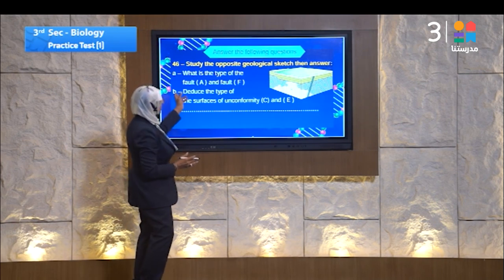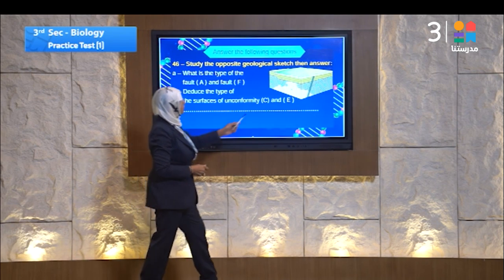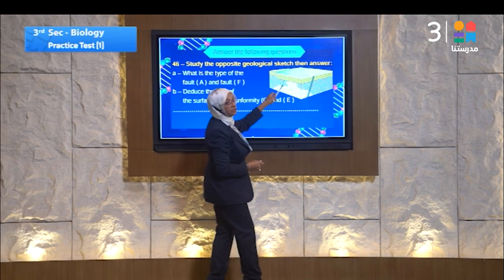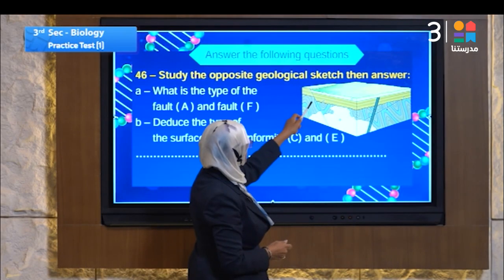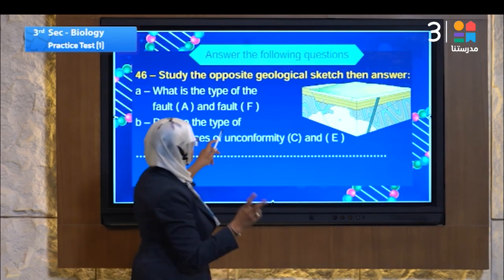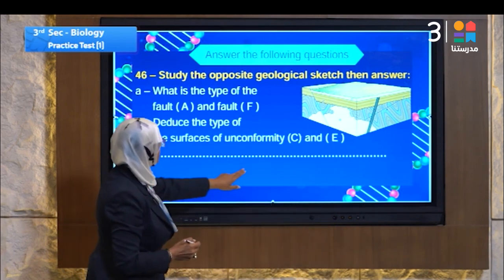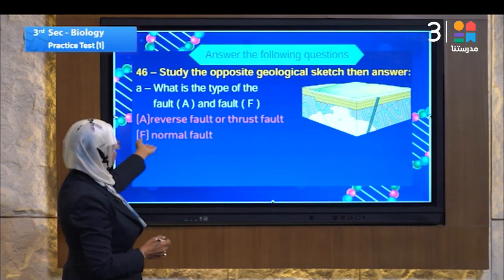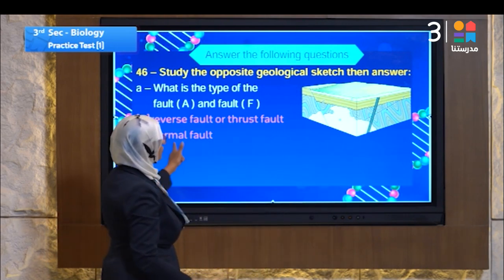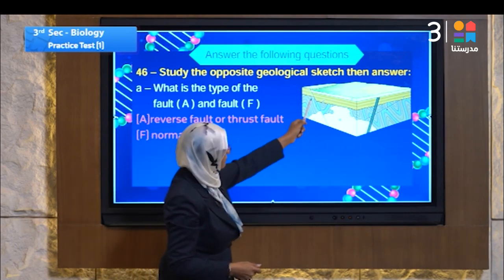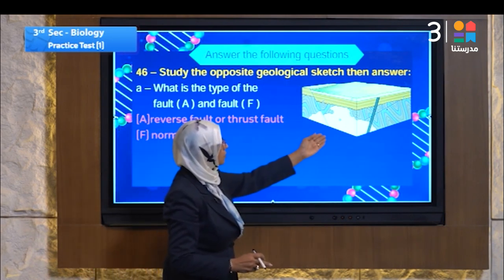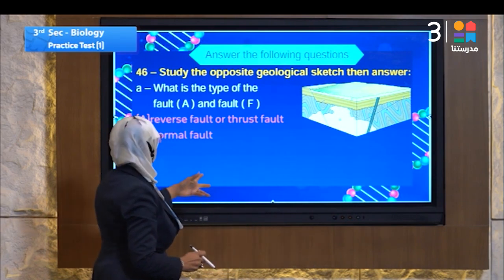Let's speak about fault A and fault F. Fault A here is a type of fault opposite to F. The faults here are 2 types. One of them is a reverse fault, that's A, and the other is a normal fault, that's F. It's about the breaking part.